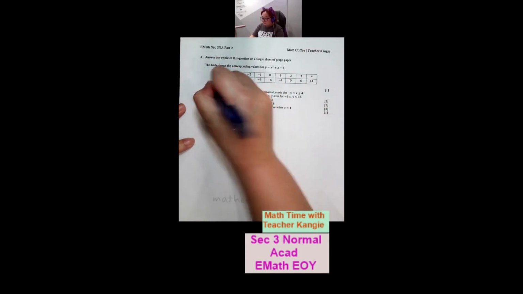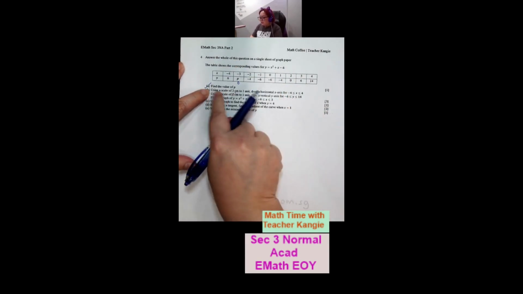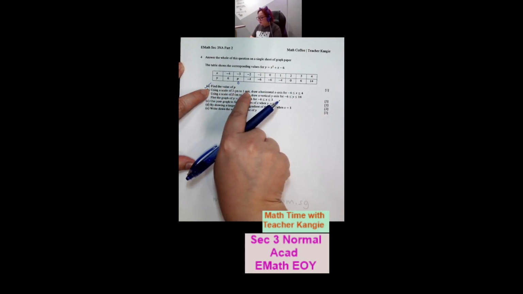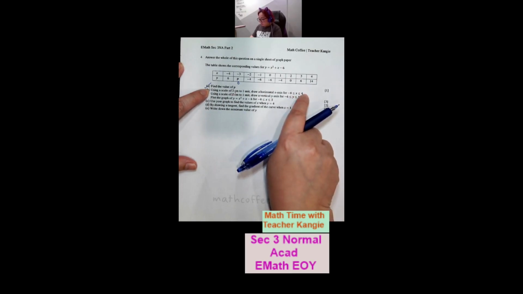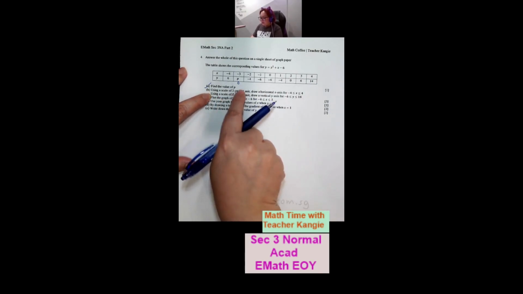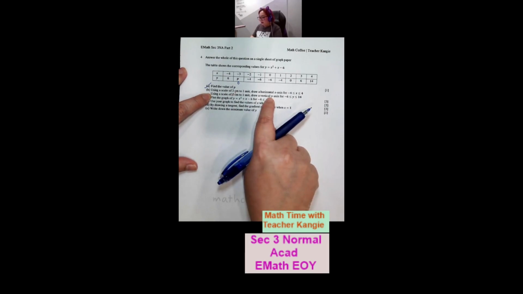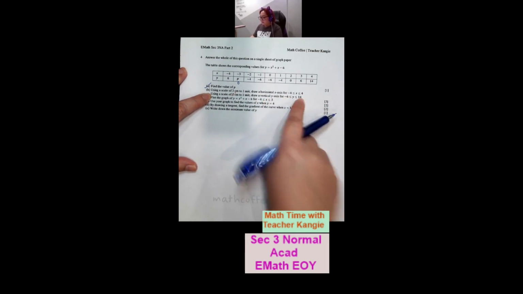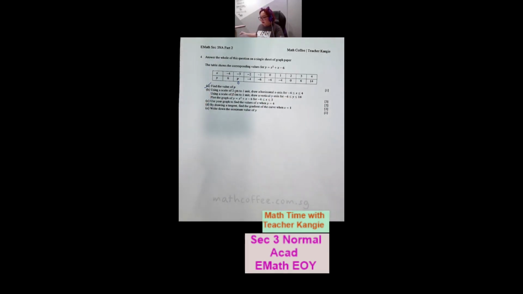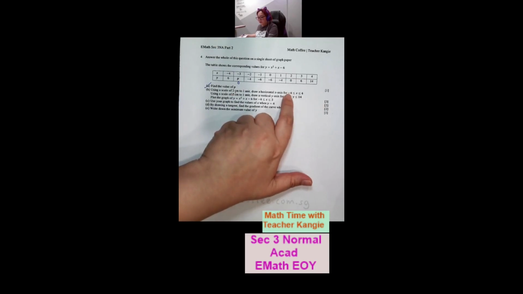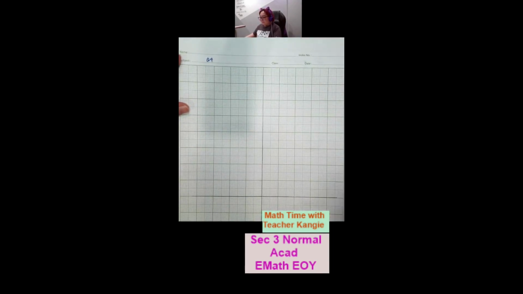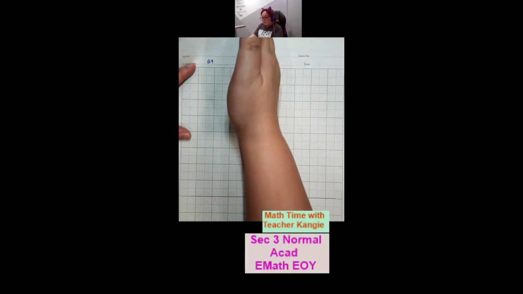Settled. Now they tell me, using a scale of 2 cm to 1 unit, draw the horizontal x-axis from -4 to 4. Then using a scale of 1 cm to 1 unit, draw the vertical y-axis from -6 to 14. Now you need to plan your graph. First, my x-axis is from -4 to 4, equal on both sides, so my y-axis will be right in the middle.